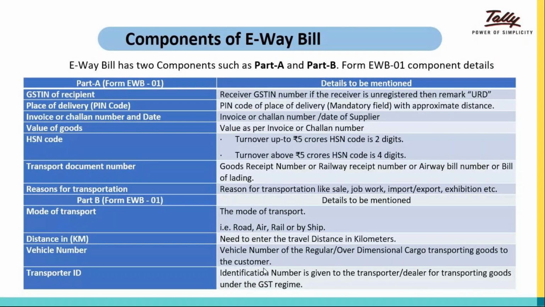If you hire a travel agency or a transport agency or some logistic unit, what will they do on your behalf? They will collect the goods from you and deliver them to the customer or consignee. So if you are hiring a transport agency, then you have to provide the GST registration number of that particular transporting agency also. That is what we mean by transporter ID.